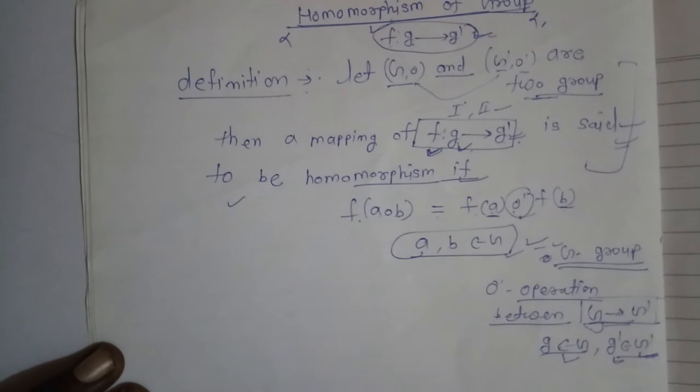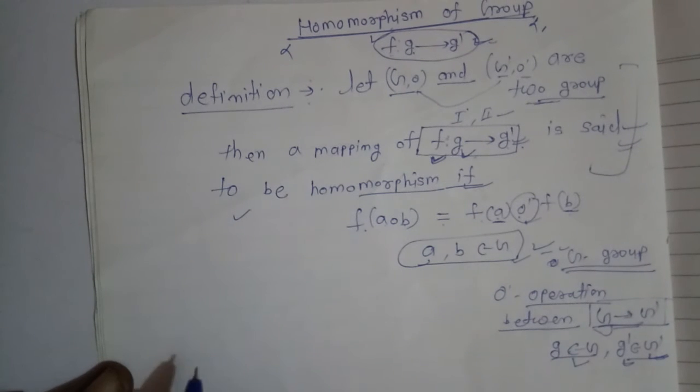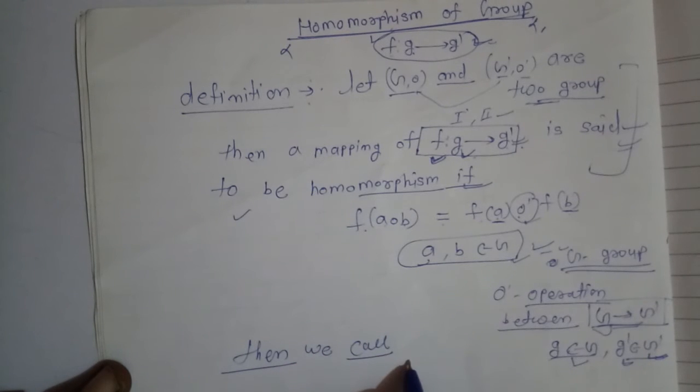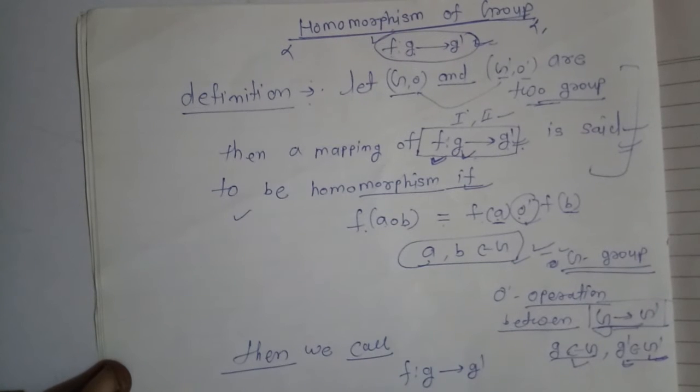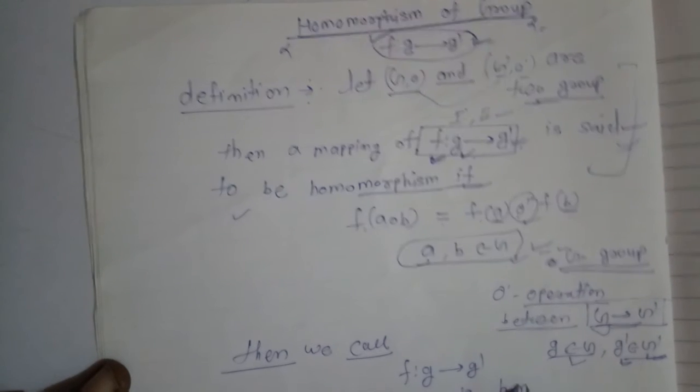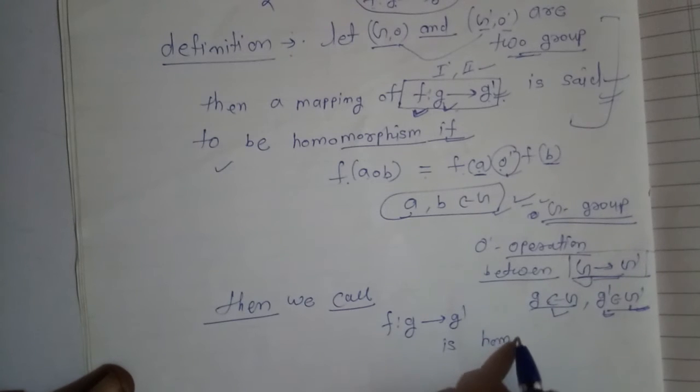Okay, let's see next. Then we call f such that G tends to G' a homomorphism.